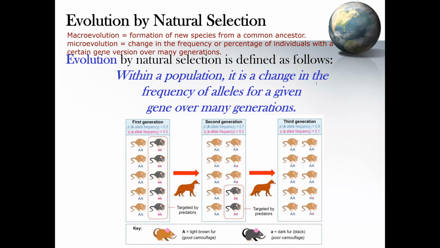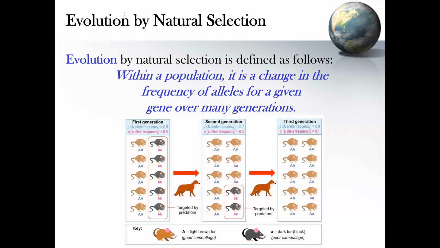So what do I mean by version of a gene? Let's take a look at the picture. Here we have mice. Some of our mice are brown, some are gray. Now, this represents a population of the same type of mouse. So I want to remind you of the definition of a population at this point.